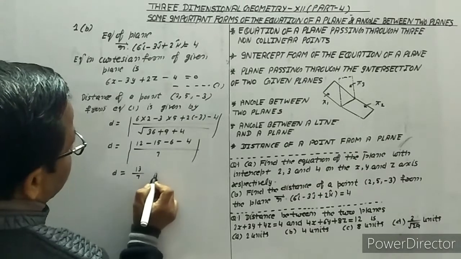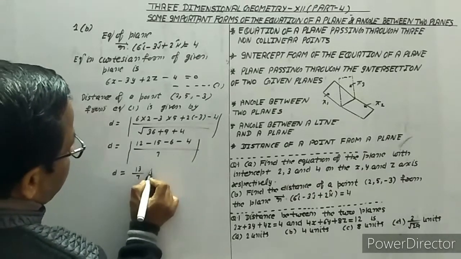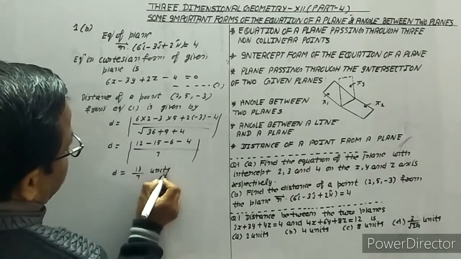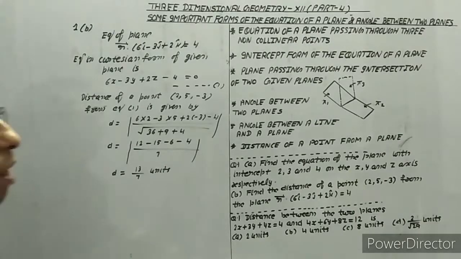It means this is 13 upon 7 units. And this is the answer for this part.